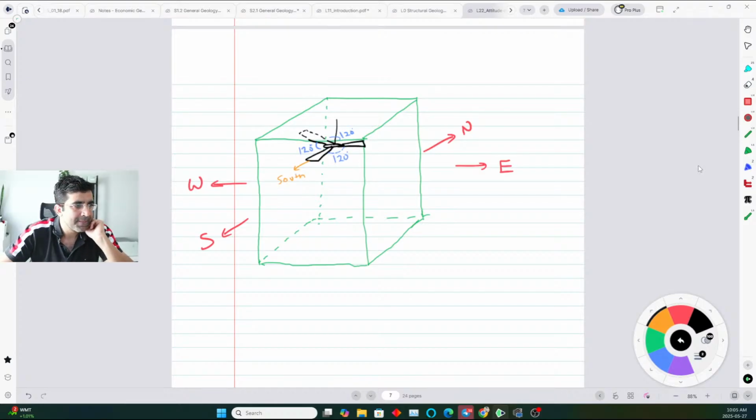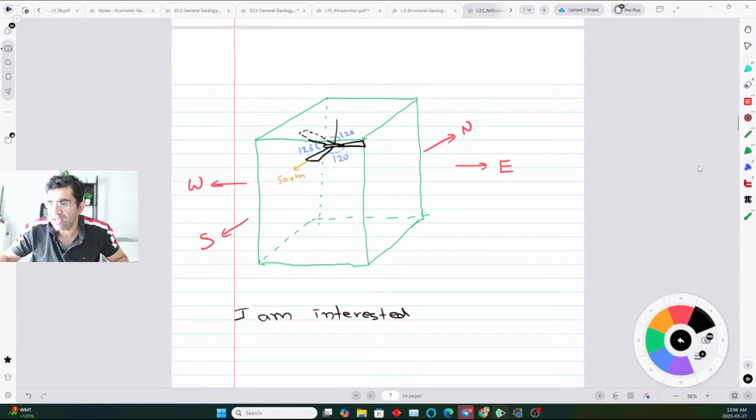Okay. So for this fan, you tell me one thing. If I want to find the orientation of the blade, should I be defining inclination or azimuth? Or inclination or bearing? Bearing.